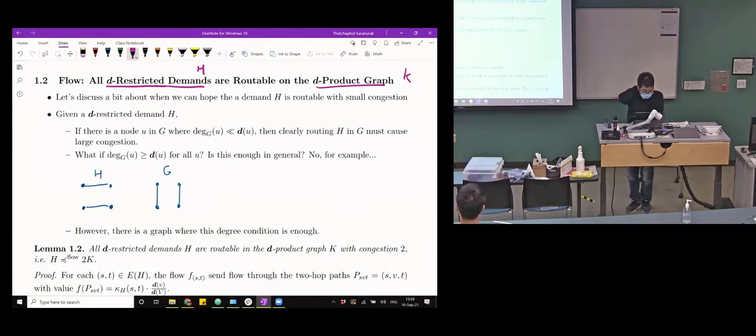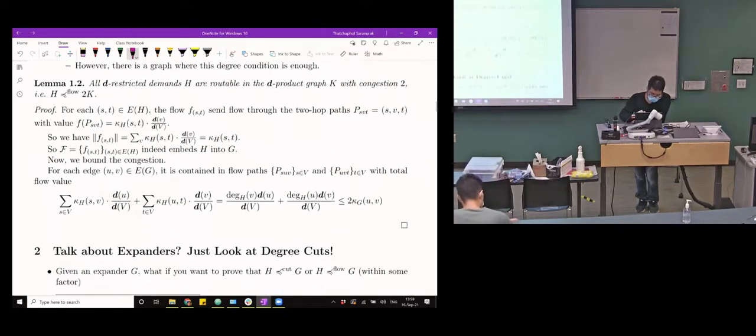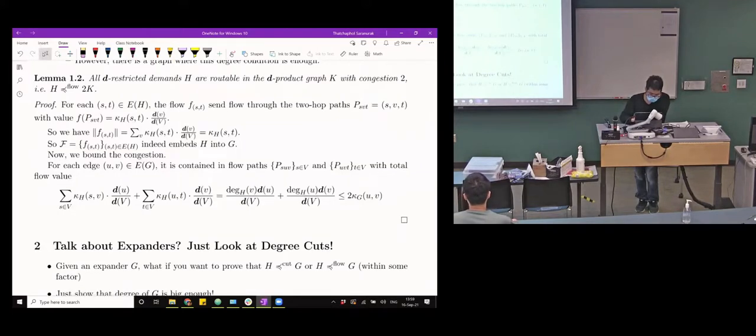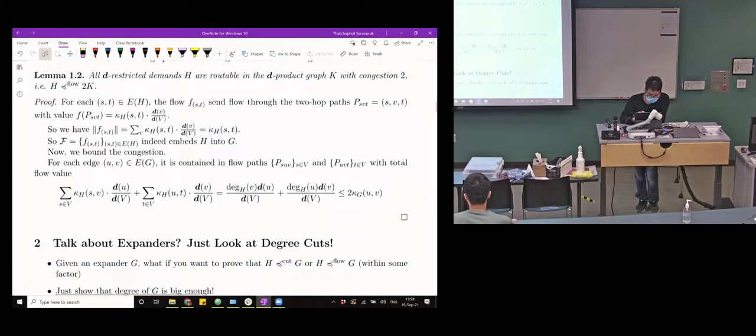Actually, let me just go ahead to the proof. What I want to show is that for any D-restricted demand graph H, this demand is going to be routable in K with congestion 2.